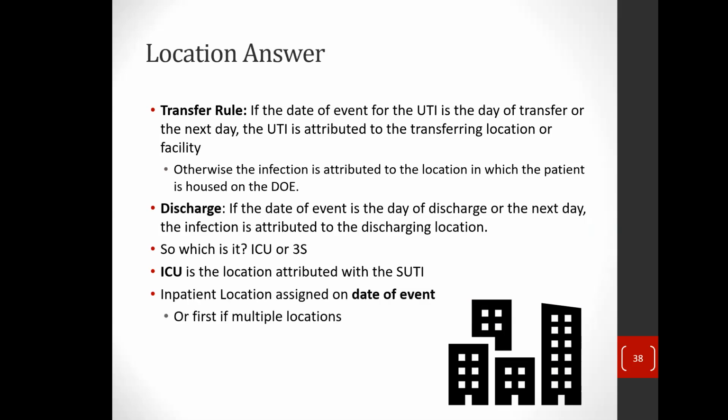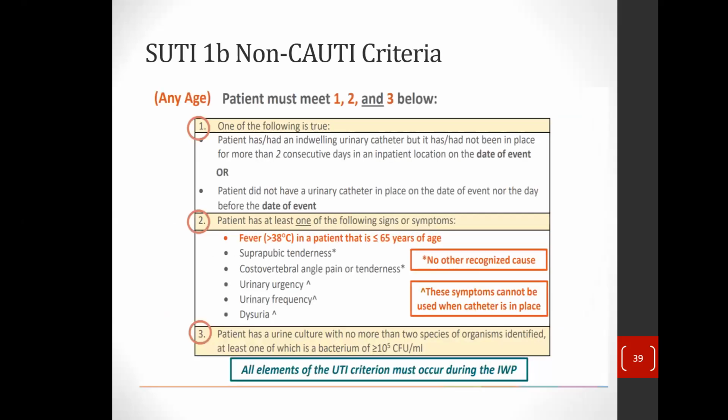Now there is one thing, sometimes especially in larger hospitals, or you may have someone who goes to multiple locations on one day. If they do that, if they are assigned multiple locations on one day, it is always the first location that they were at.